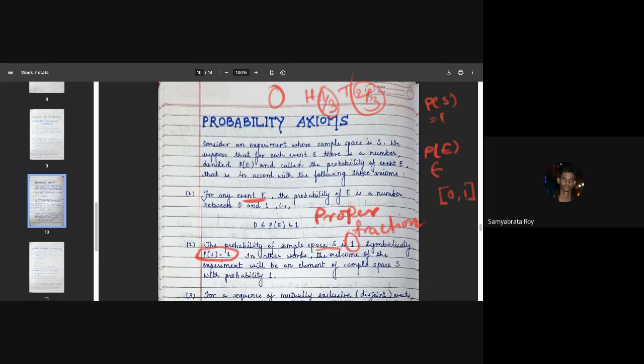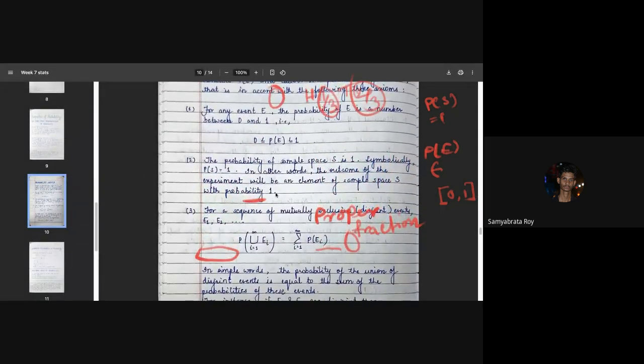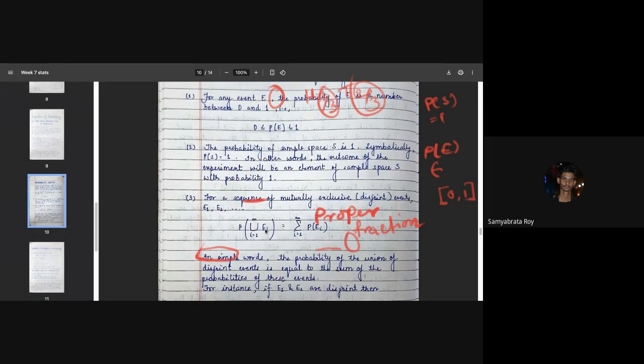An element that occurs must be contained within the sample space. And the third one: for a sequence of mutually exclusive or disjoint events, the probabilities should sum to each other, given there's no intersection.